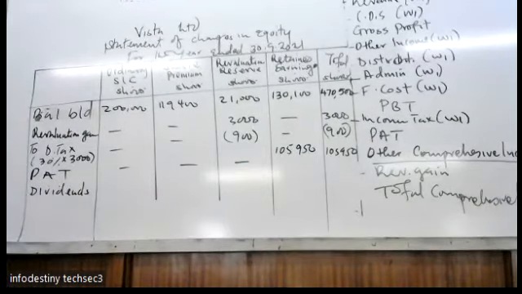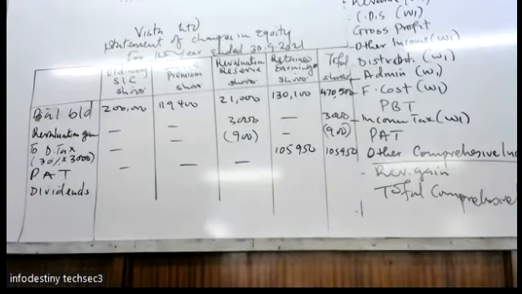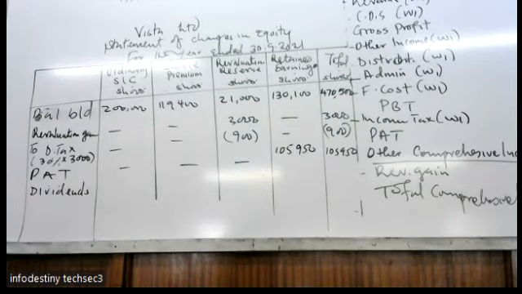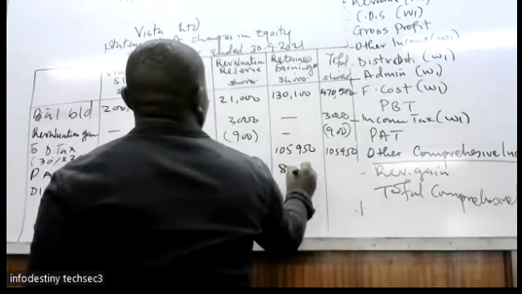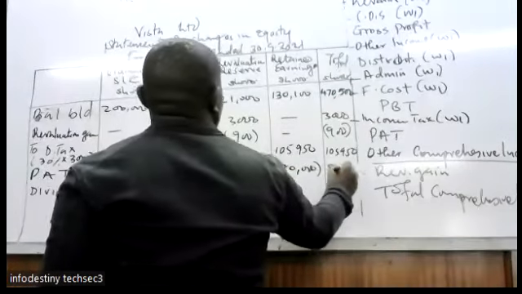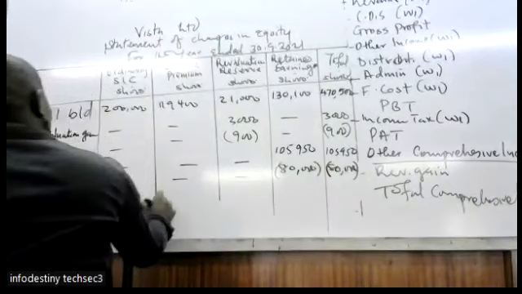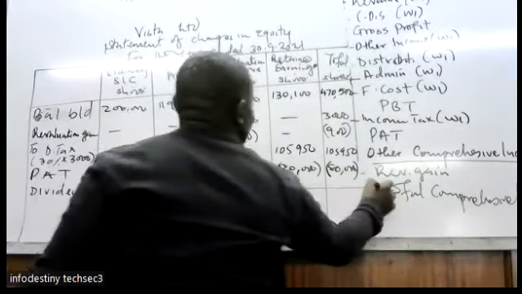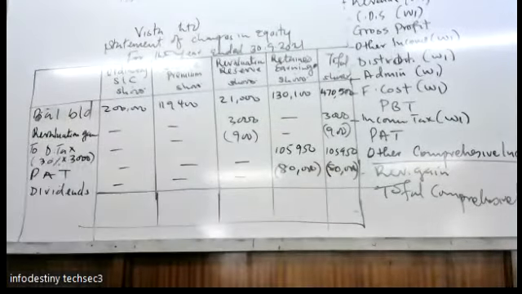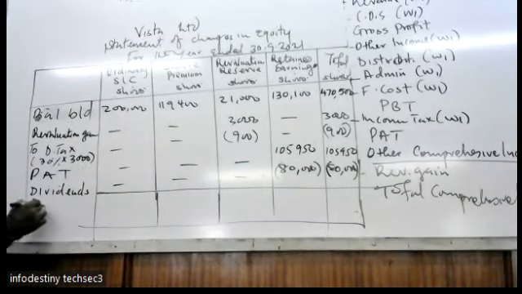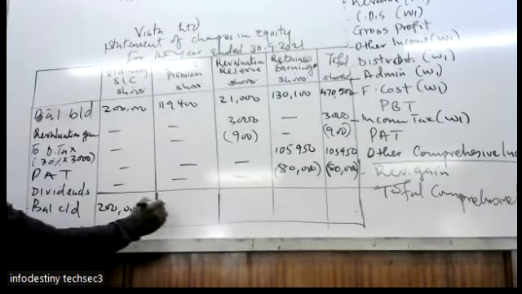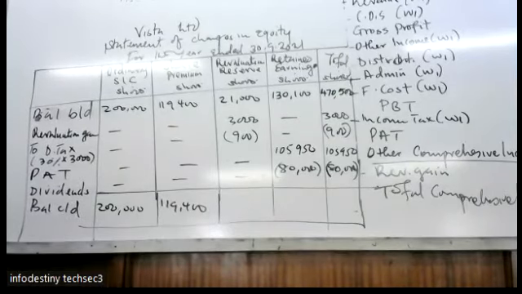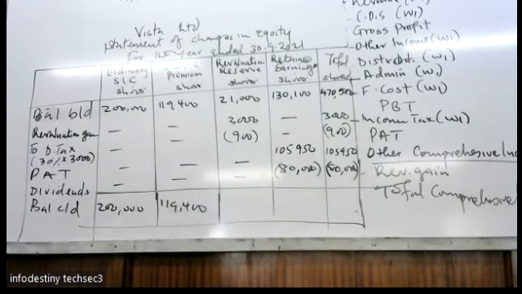Yes, how much? 8,000 only for dividends. So that's how we prepare the statement of changes in equity. Balance carried down, get those figures: 200, 119,400. Those others you can get at your free time.